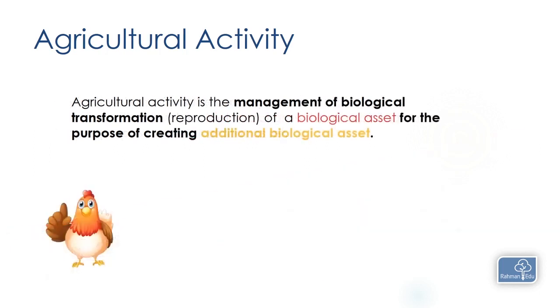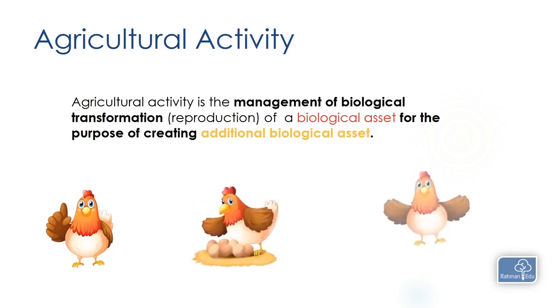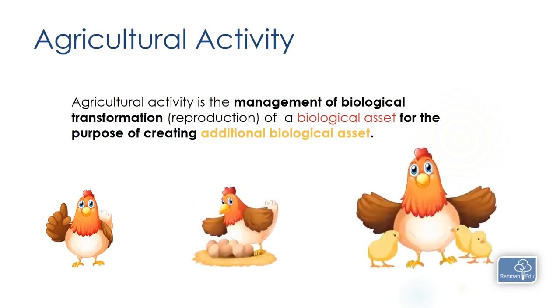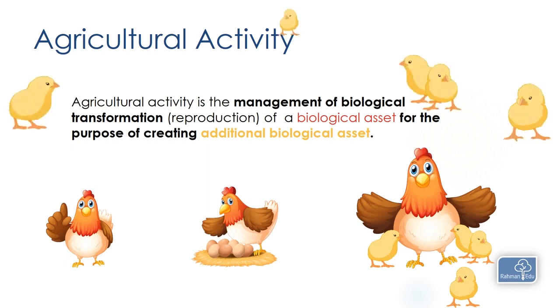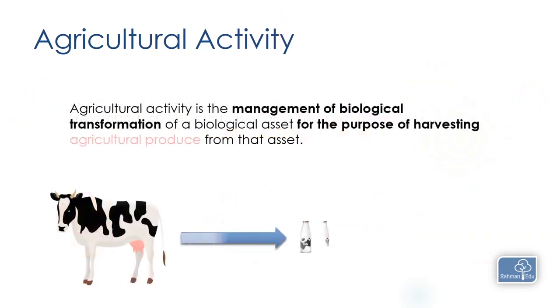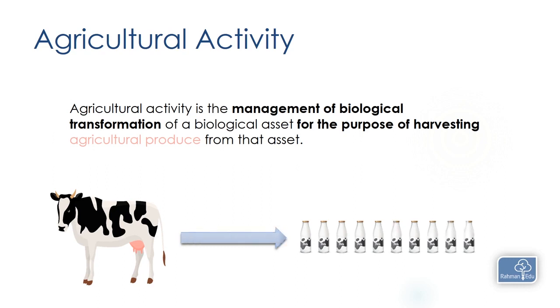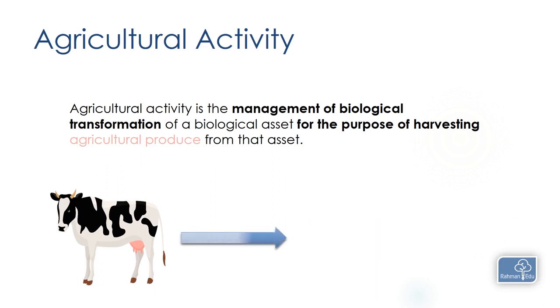Or agricultural activity can be management of biological transformation of a biological asset for the purpose of creating additional biological assets. Or it can be the management of biological transformation of a biological asset for the purpose of harvesting agricultural produce from that asset.